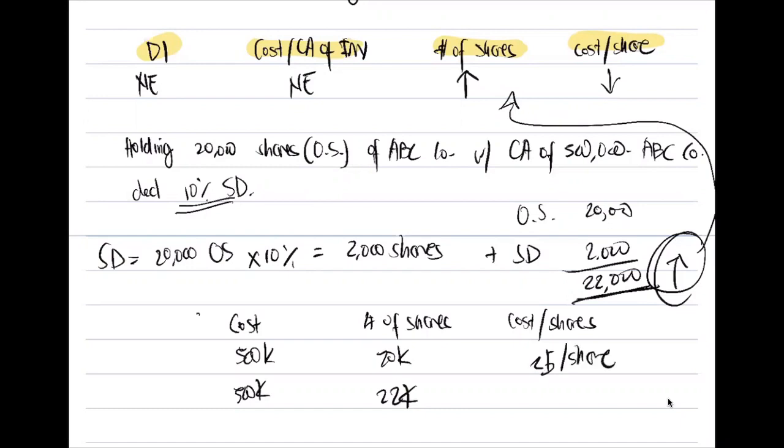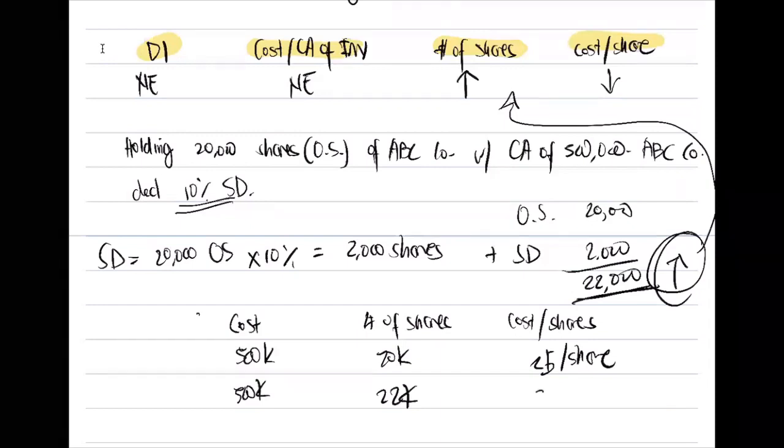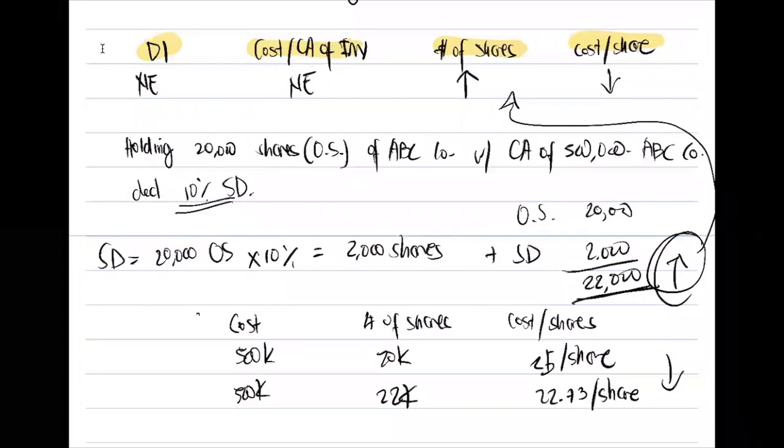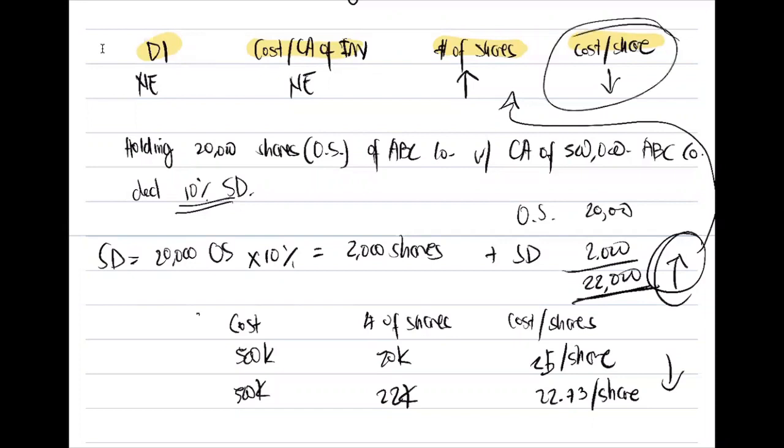How about the second one? 500,000 divided by 22,000 shares gives 22.73 pesos per share. Notice what happened to the cost per share because of the stock dividend: it decreased. So no dividend income, no change in your carrying amount of investment, but the number of shares will increase and the cost per share will decrease.